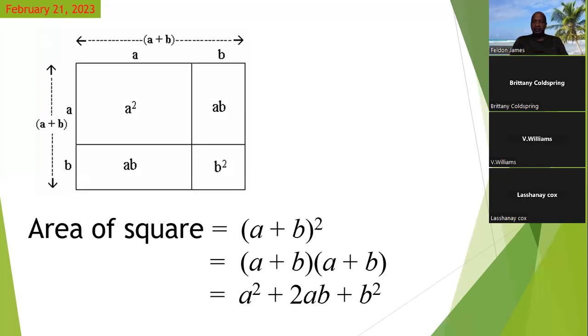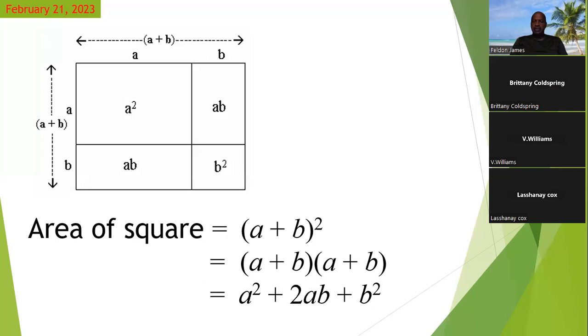It turns out that whenever we square a binomial, the expanded form, which is the product, has a similar feature.